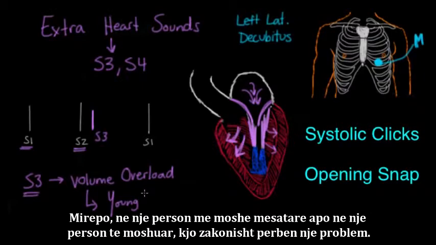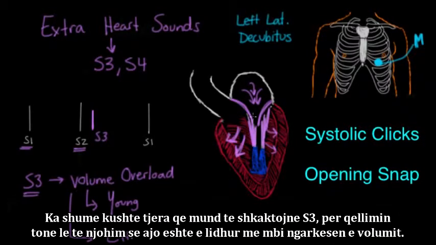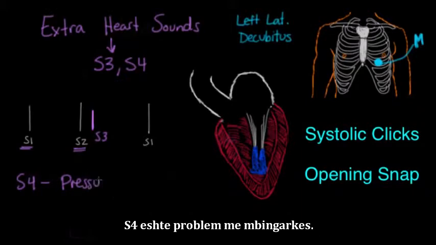But in a middle-aged or elderly person, this is usually a bad thing, and it's usually due to heart disease, something like congestive heart failure, where they have too much volume coming into that ventricle, and you get an S3. There are many other conditions that can cause an S3, but for our purposes, let's just know that it's related to volume overload.